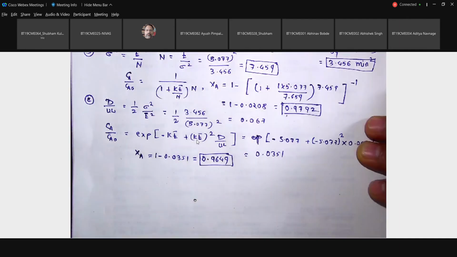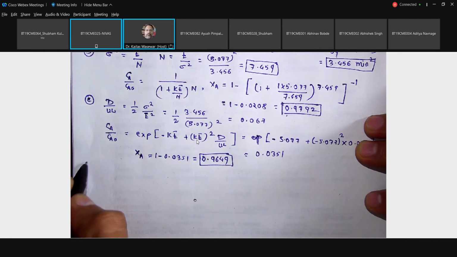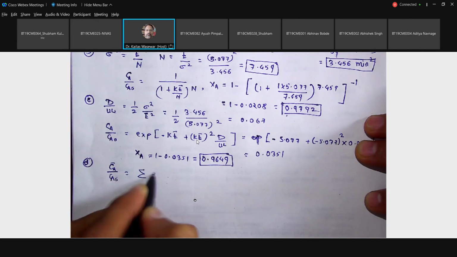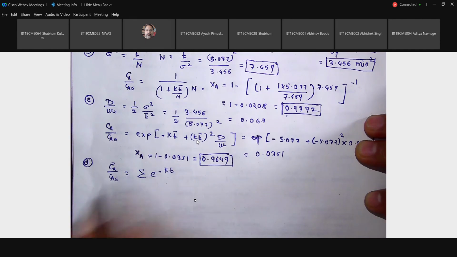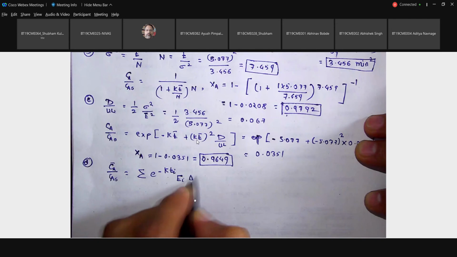Then C, then D was there. Segregation model, Ca upon Ca0 is equal to exponential summation of, is it?